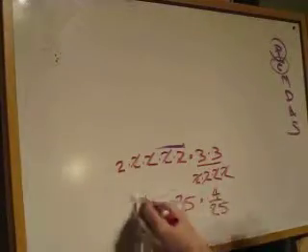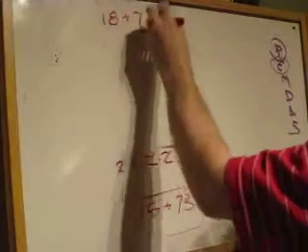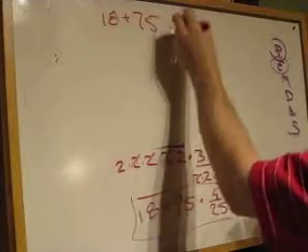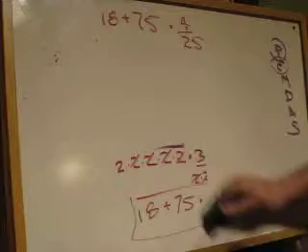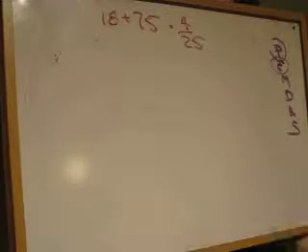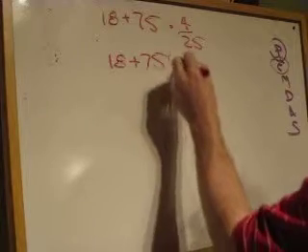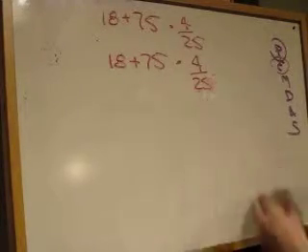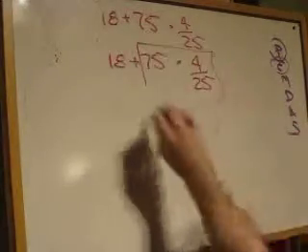So this is what I have to work with that I haven't figured out. 18 plus 75 times 4/25. Okay, let's continue with that real quick before I run out of time. 75, we have to do that first because it's multiplication, isn't it?